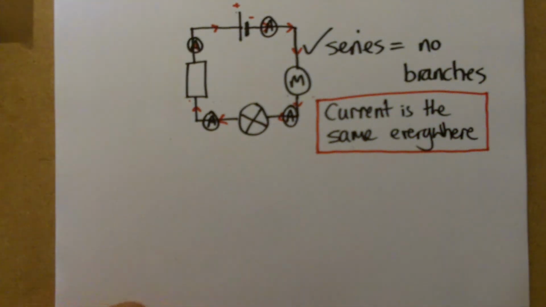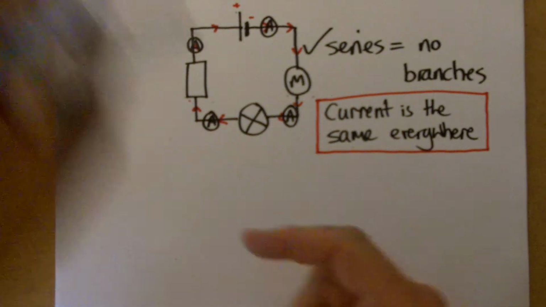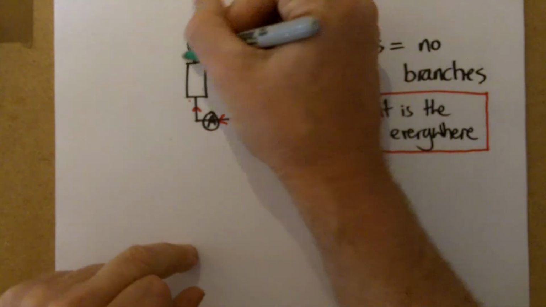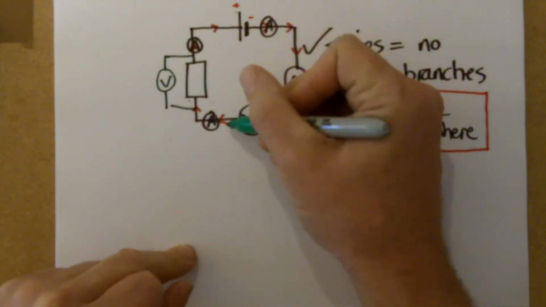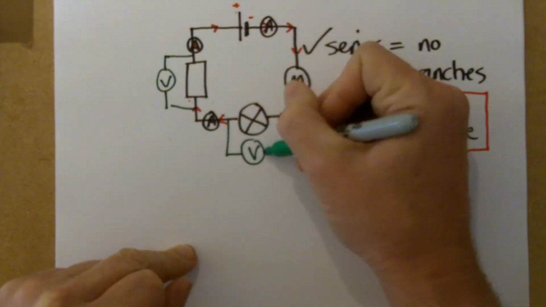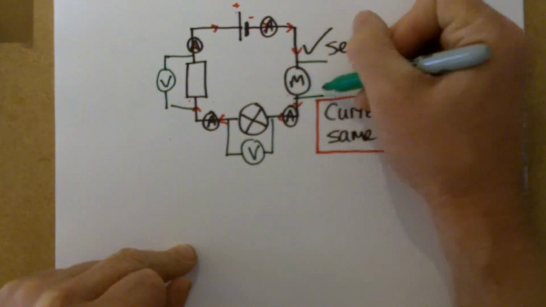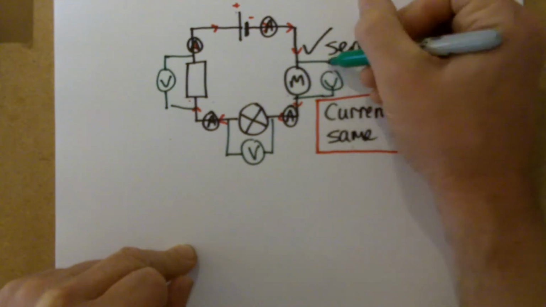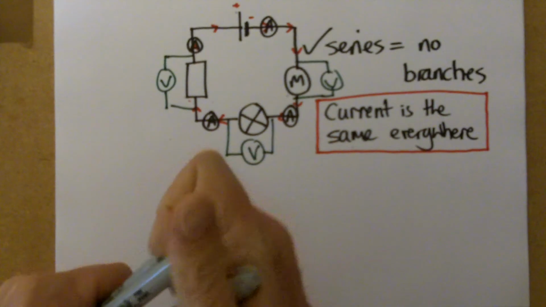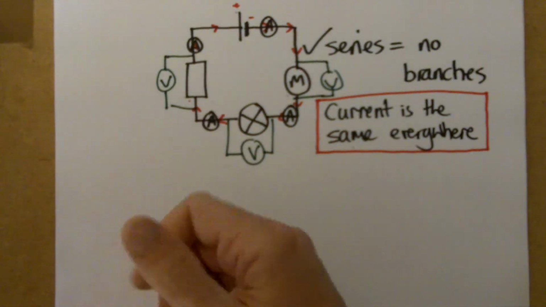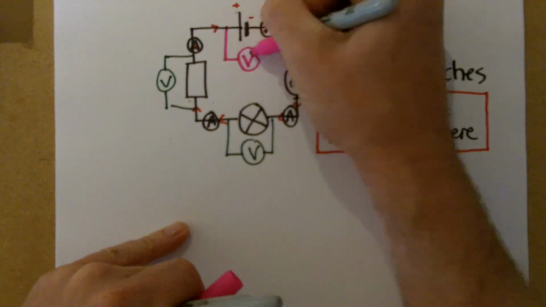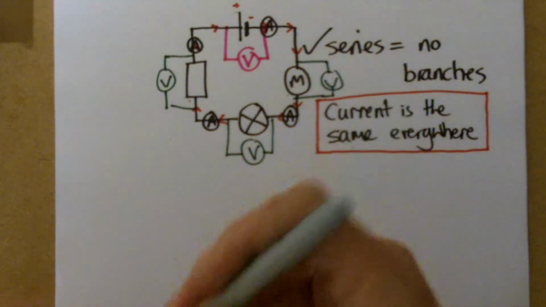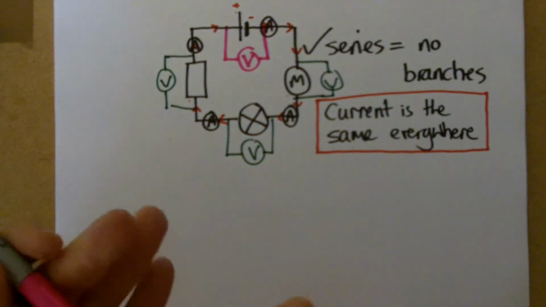Alright, let's look at PDs in series, and I already touched on this in the previous video, but if I was to measure the potential difference across each component, and I'll just put the PD of the cell itself in a different colour, just to represent the idea of energy in versus energy out.